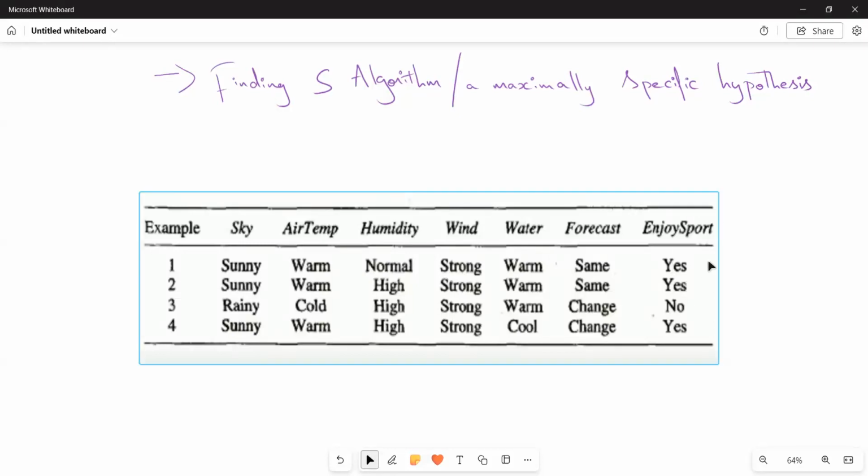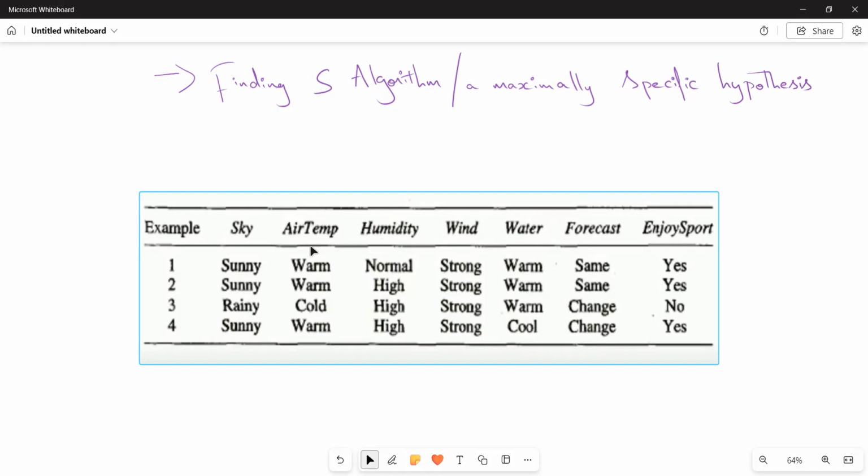Enjoy sport is the target variable, or your outcome, and it is a binary classification, meaning either yes or no, 1 or 0, true or false. The possibilities for sky are sunny and rainy.